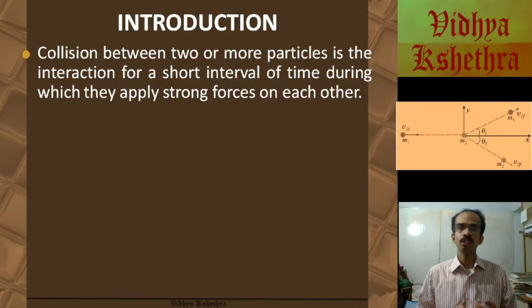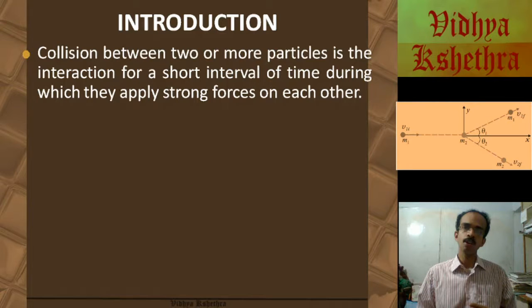Examples of collisions include, in the game of carom, we use the striker to strike a carom and put it in the pocket. Similarly, in the game of pool or billiards, we use a stick to hit a white ball, which in turn collides with other balls to land in the hole.